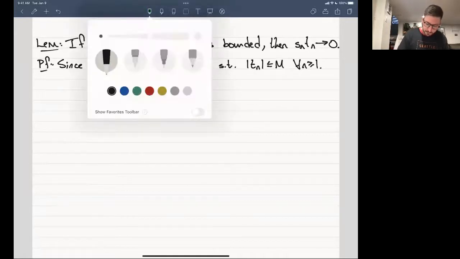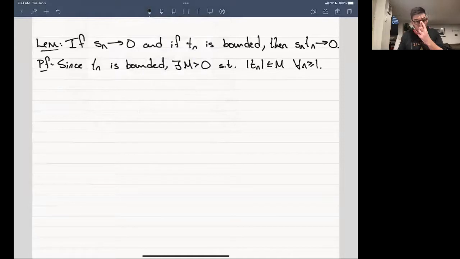Okay. So then let epsilon be greater than 0. Of course, we want to show that this thing converges, so we need to choose an arbitrary positive number epsilon.